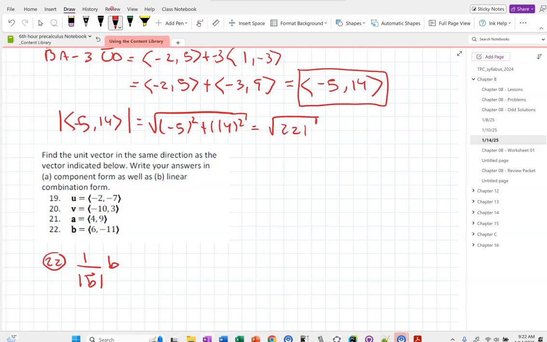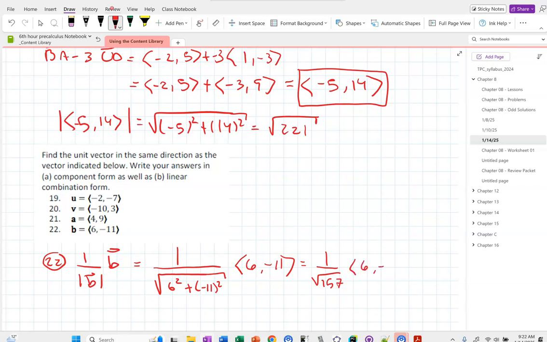Right, that's my unit vector in the same direction. So if I start by doing that, fill in our numbers. 6 squared is 36, 11 squared is 121, so that's the square root of 157.